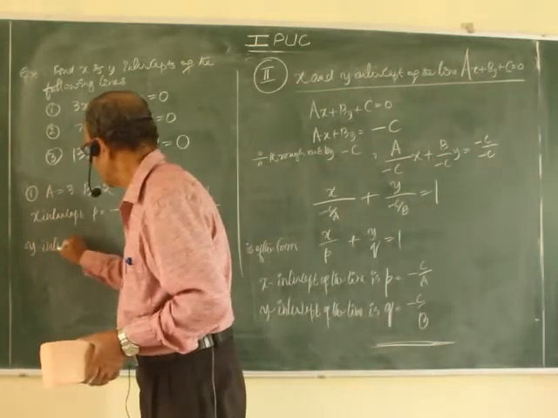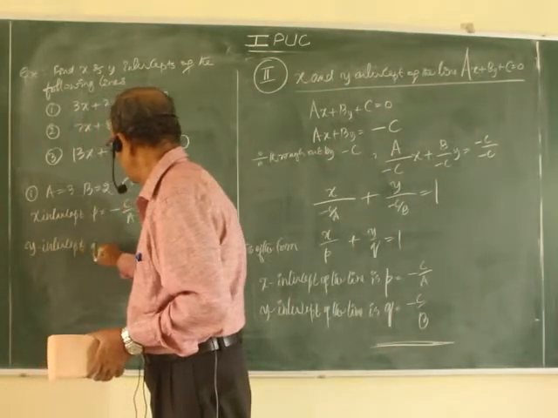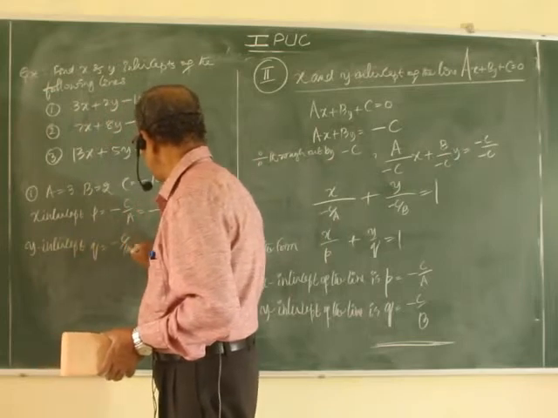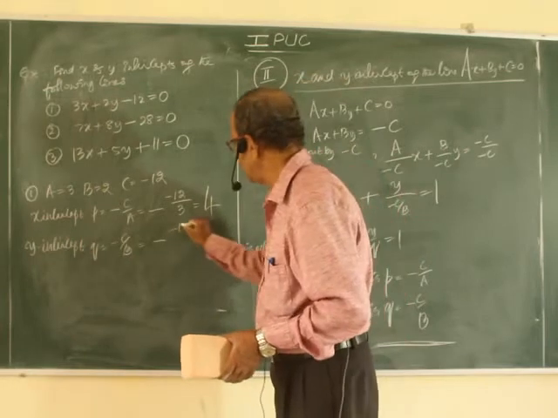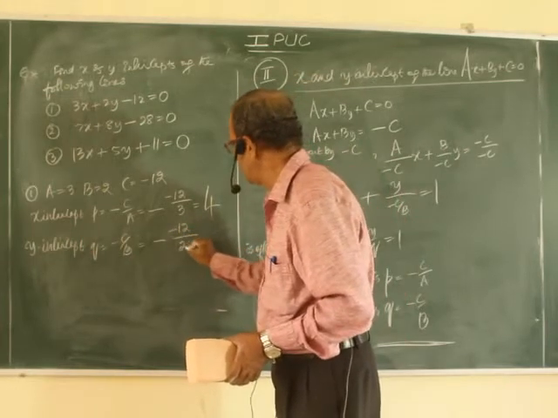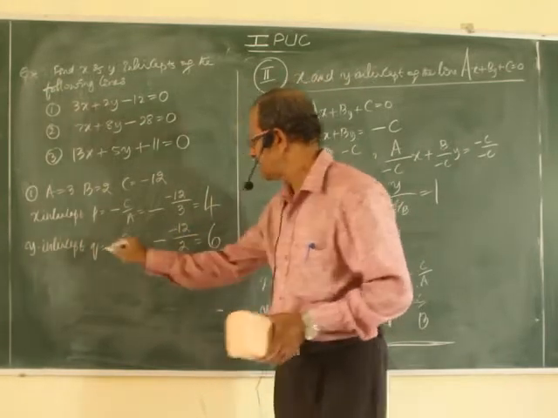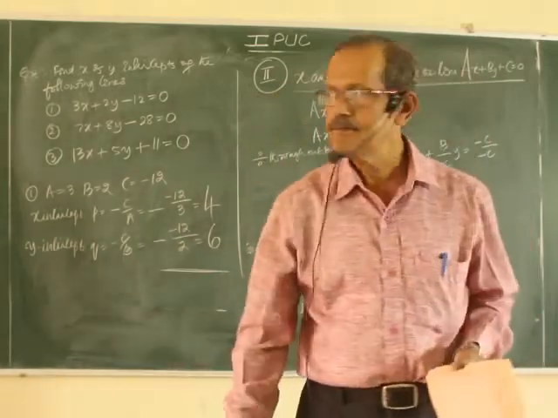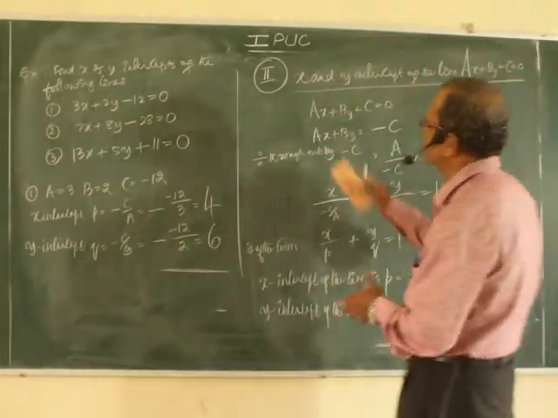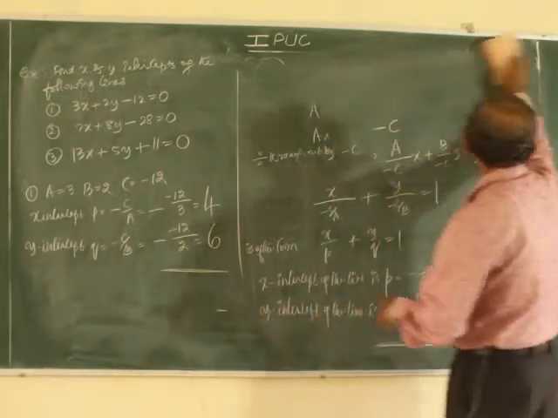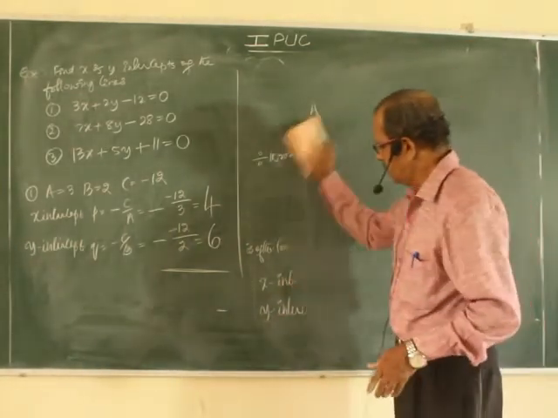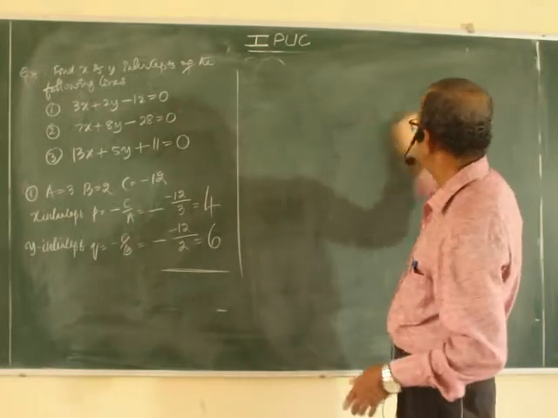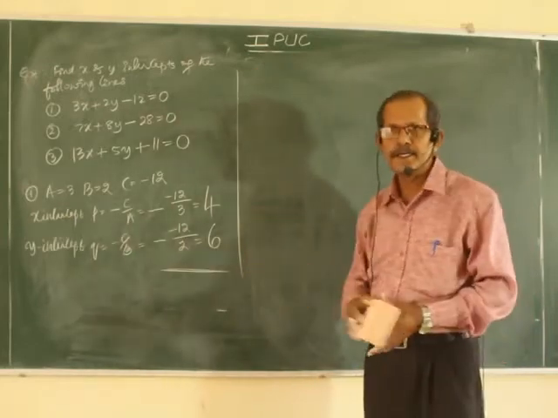Y-intercept q equal to minus c by b, which is 6. Just by knowing the constants a, b, c, you can write slope and y-intercept, or x-intercept and y-intercept.